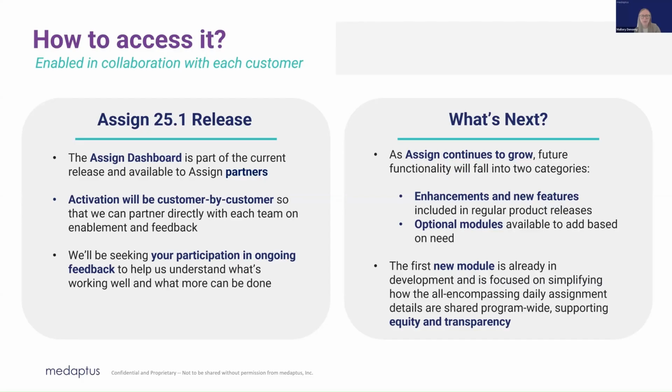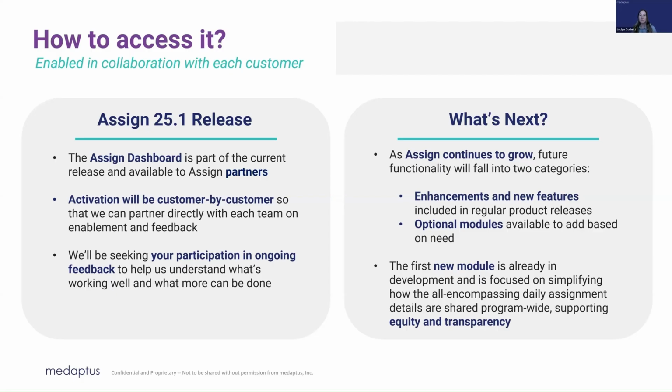There's also a question about that next module that I mentioned, the one that focuses on what happens after assignments are complete. Can you share a little bit more about how that connects to today's release? Sure. So the hospital medicine dashboard that we're releasing today provides a broader, more high-level view of the assignment process. It helps teams understand patterns and overall impact of how assignments are being made.